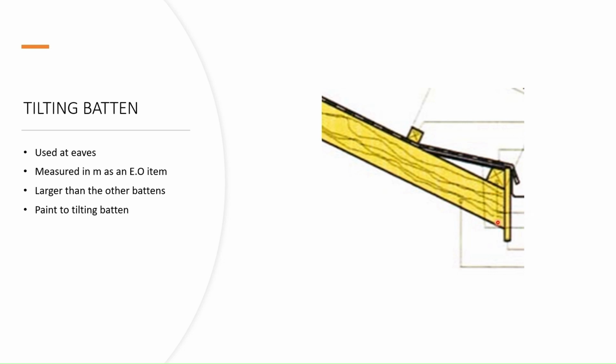The reason why it is measured as an extra over item is because its difference in size to the regular battens impacts cost, and that needs to be taken into account. So now let us see how we would put it in our dimension paper.